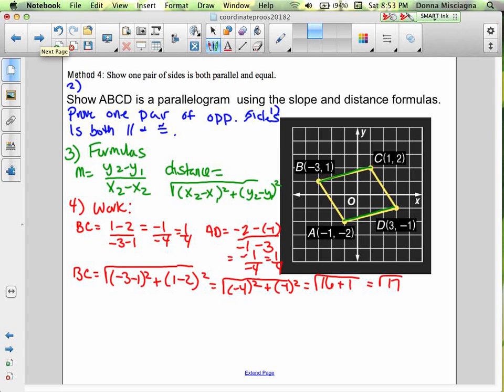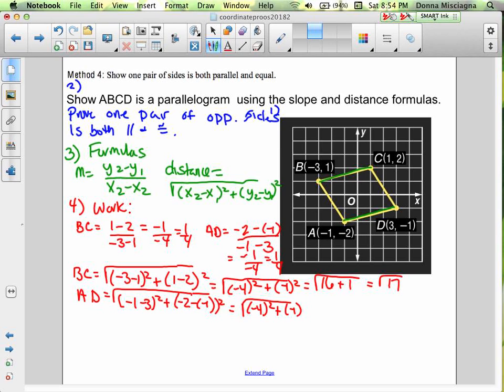Now let's find the length of AD. Difference in the x-coordinates, negative 1 minus 3 squared plus negative 2 minus a negative 1 squared. Negative 1 minus 3 is negative 4. Negative 2 plus 1 is negative 1.